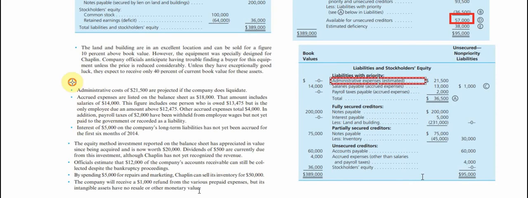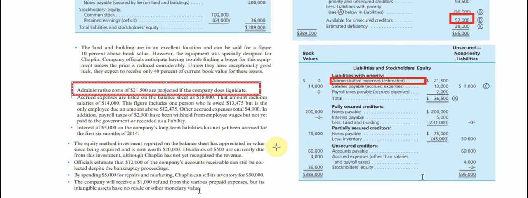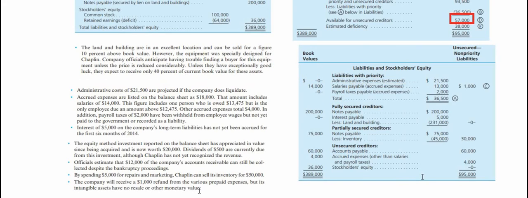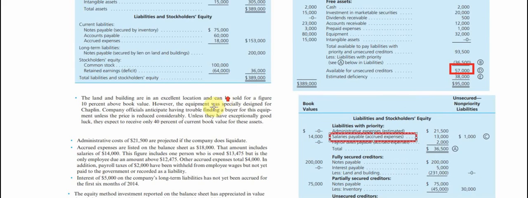The next one, we have the administration expense. We will have it in here, and we need to pay administration expense just like the salary. Next, we go to the salary payable. We got the salary payable in here, 14,000. In the accrual expense, 18,000.